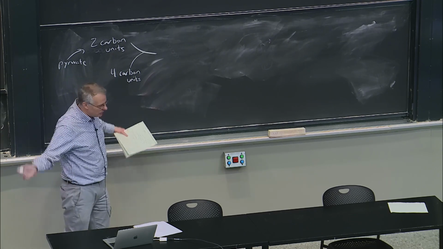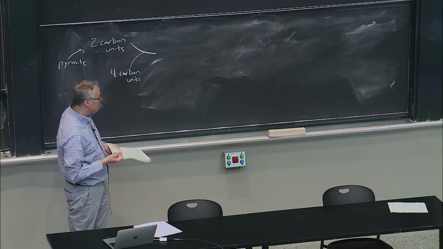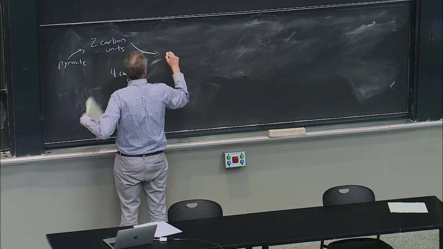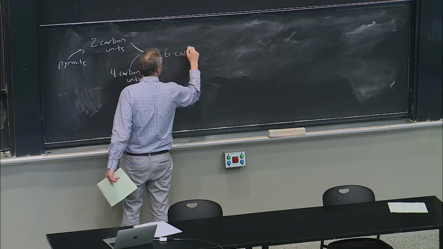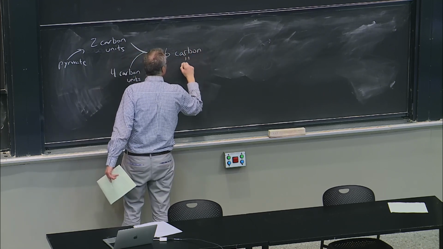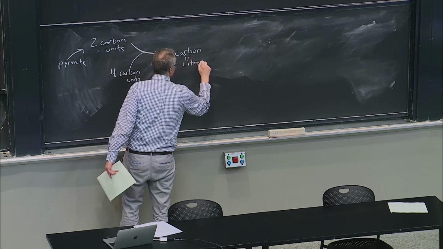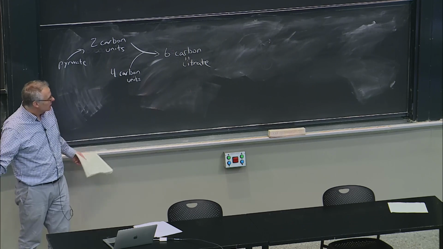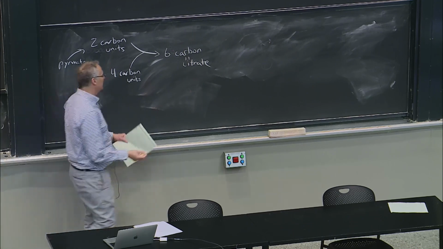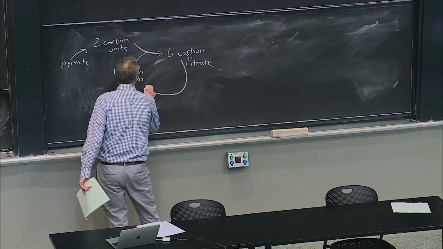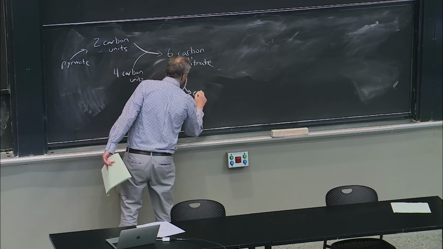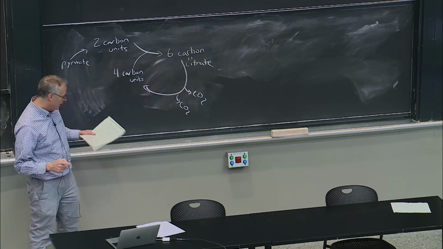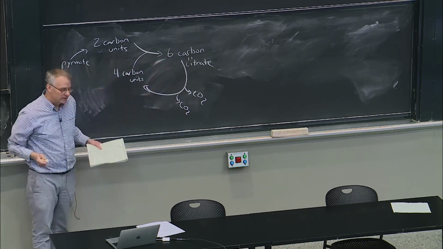That oxaloacetate could come from the pyruvate carboxylase reaction, or it could come, as you'll see, from the TCA cycle itself. This generates a 6-carbon molecule, which is citrate. Citrate is a tricarboxylic acid, hence the citric acid cycle or the tricarboxylic acid cycle. And then those 6 carbon units are reoxidized, releasing 2 CO2 molecules, back to 4-carbon oxaloacetate, and hence this is a cycle.